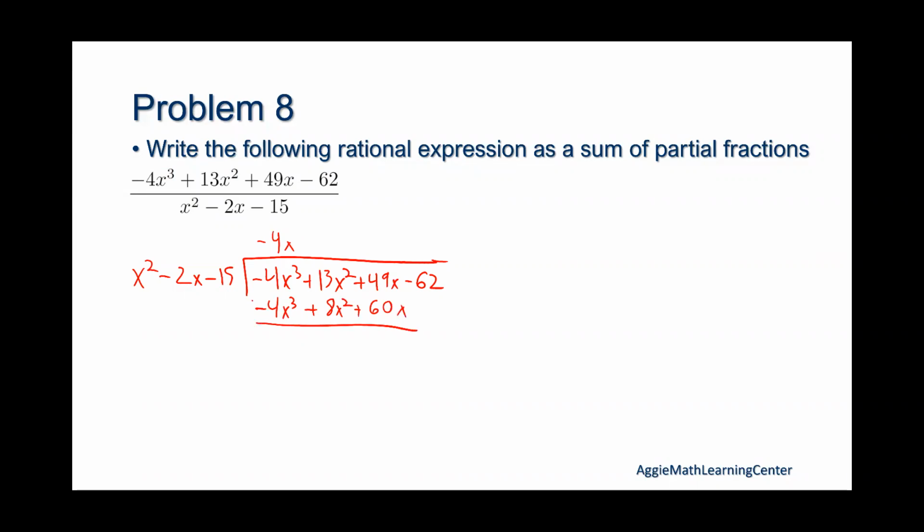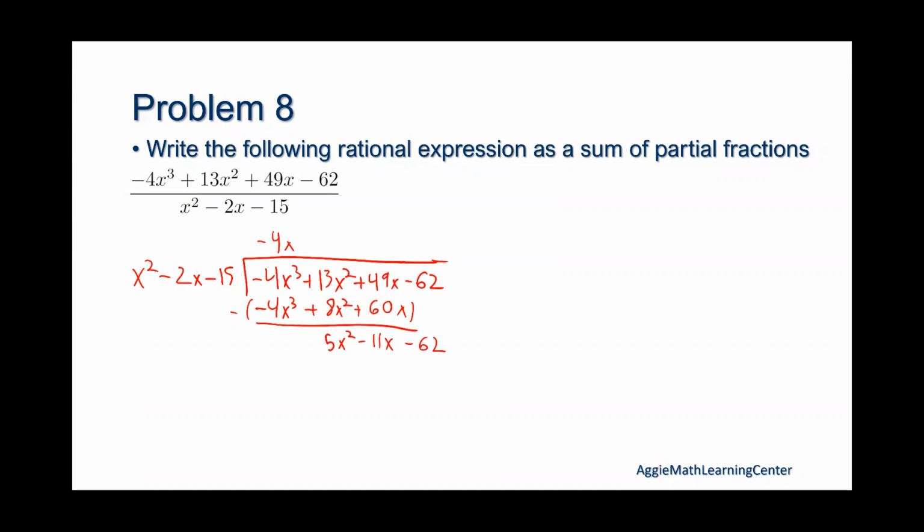Okay, so then we're just going to take this whole thing and subtract it. So those are just going to cancel. 13 minus 8 is 5x squared. 49 minus 60 is negative 11x. And then we just keep minus 62.